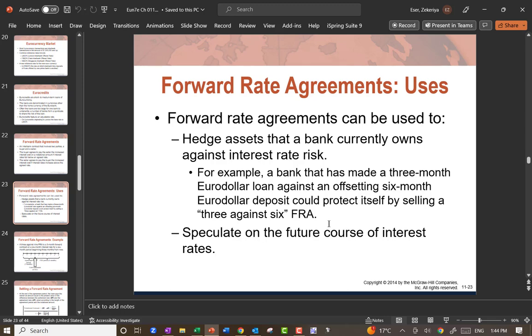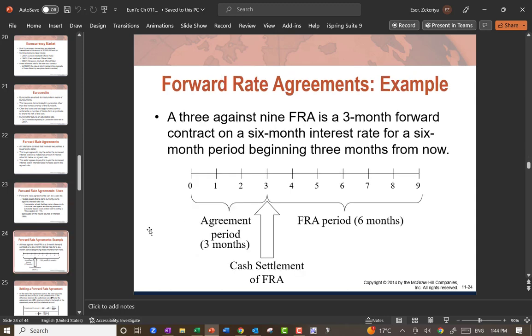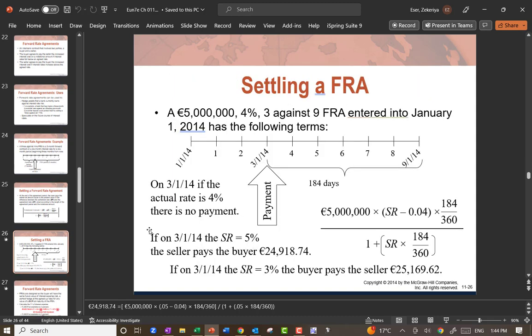So then you can basically hedge that by using the forward contracts. We'll have more on these later on, especially using the swaps, but you can read that part yourself.